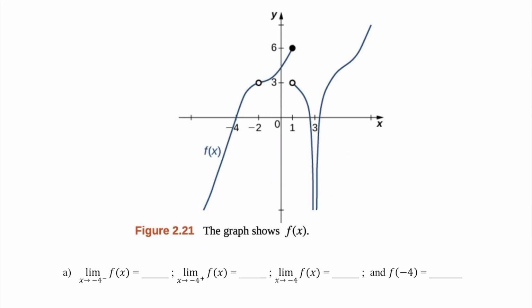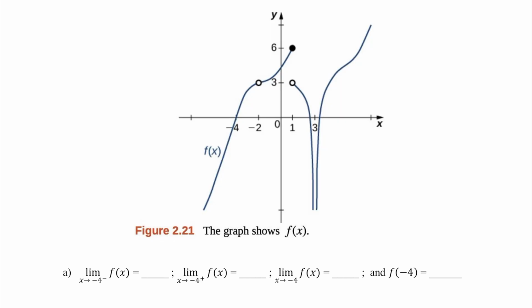For question A, as x approaches negative 4, we look at the left-hand limit, right-hand limit, two-sided limit, and the function value at x equals negative 4. For the left-hand limit, we look at what the function is approaching when x is approaching negative 4 from the left.